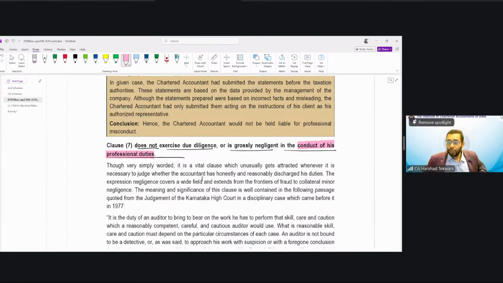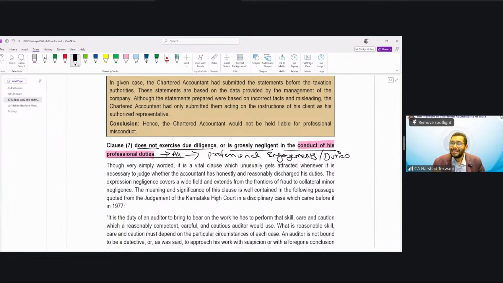It is not restricted to a particular assignment or type of assignment. It is for all professional engagements, or professional duties. Wherever there is a professional duty, all professional engagements and duties are covered.